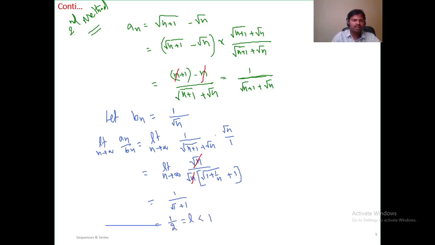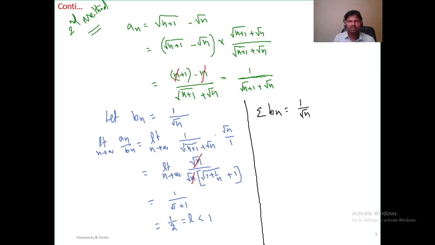So you are getting a finite value. So therefore by limit comparison test, both series an and series bn converge or diverge together, isn't it? So series bn here, what is series bn? Series bn will be 1 by root n, and 1 by root n diverges. Why? By using p series test, because what is p here?